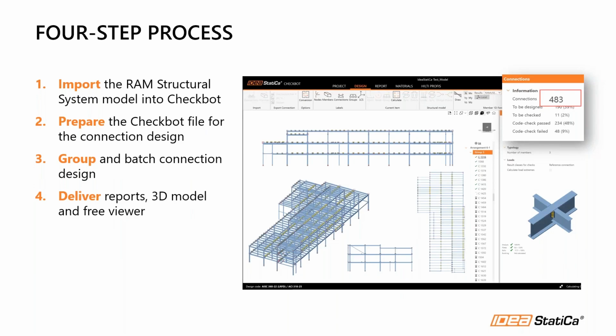The second step is to prepare the Checkbot file for the connection design. The third will be the group and batch connection design. I'll show you some tips and tricks, and finally how to generate these deliverables. And that means creating reports, 3D models, and creating the free viewer link.